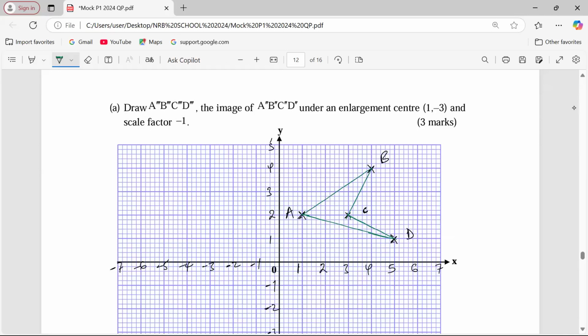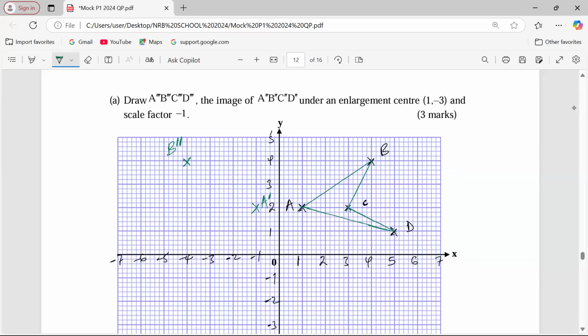If it's coordinate A, we take it to the opposite side, an equal distance. So A prime shall come there. If it's B, we join it perpendicular to the mirror line and move an equal distance to the other side. So B shall come to this side.